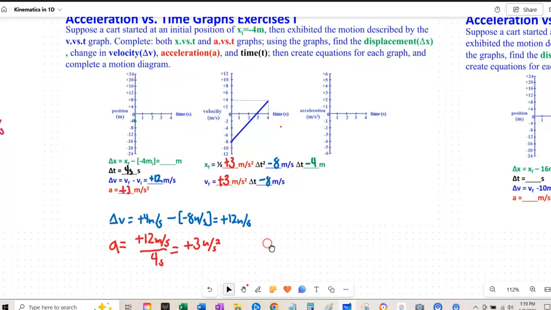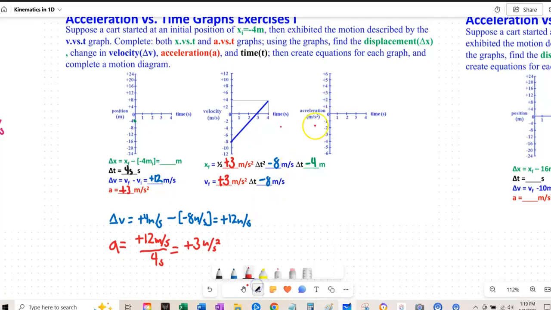Okay. All right. Well, we have enough information to complete the acceleration versus time graph. We know it's got a constant acceleration of positive 3. So we are going to put that in right there, all the way across. Positive 3. And since we're here, we could use this area right here just to confirm that this positive 12 meters per second change in velocity is this area, just like we just learned.